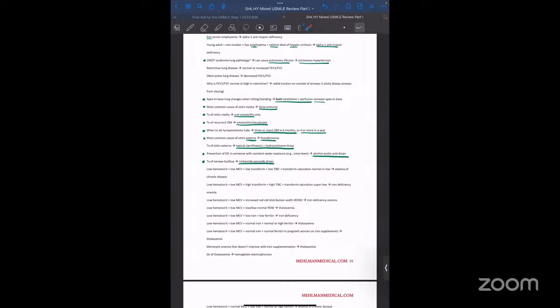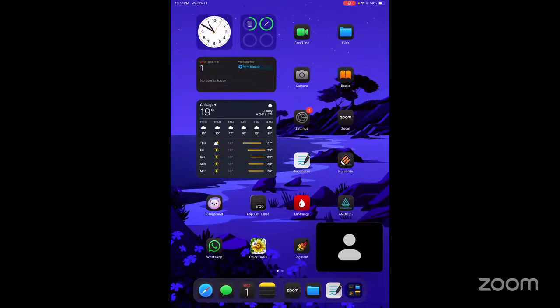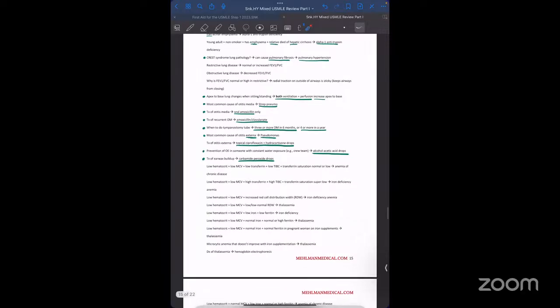Okay, one more time. Low hematocrit, low MCV, mean corpuscular volume, low transferrin, which is the transporter in the blood. The transporter is low.